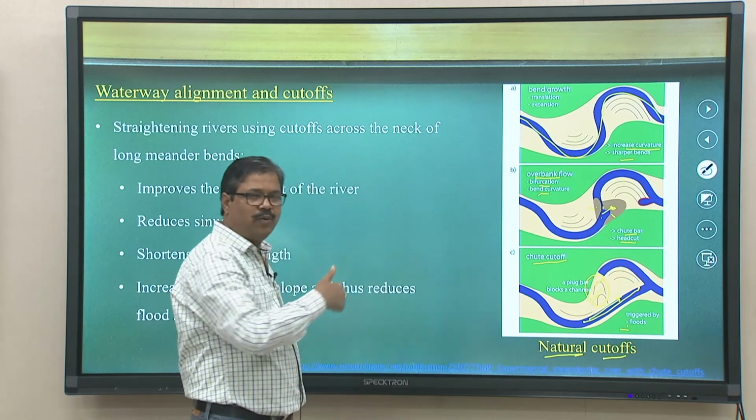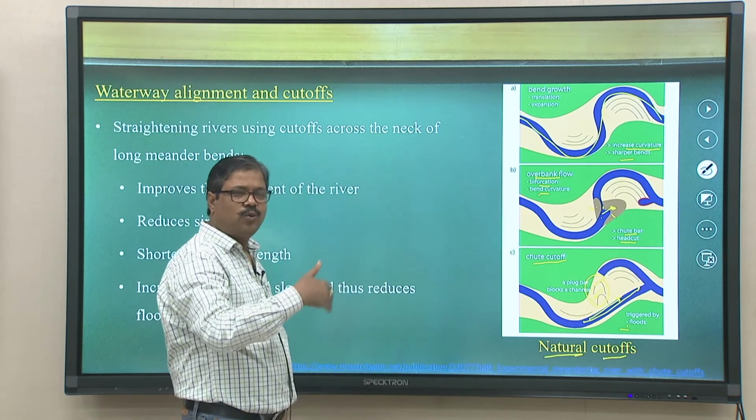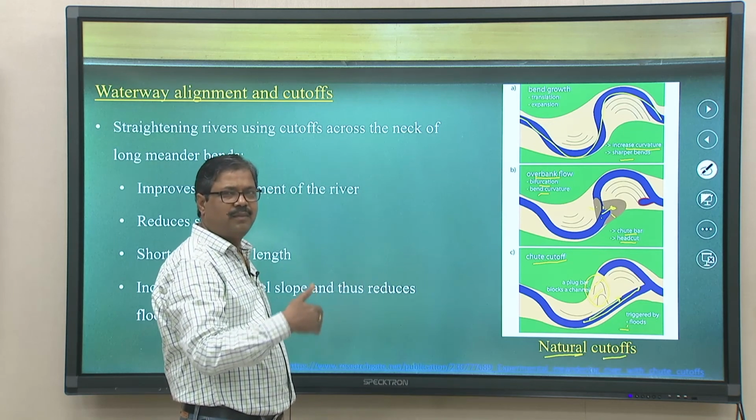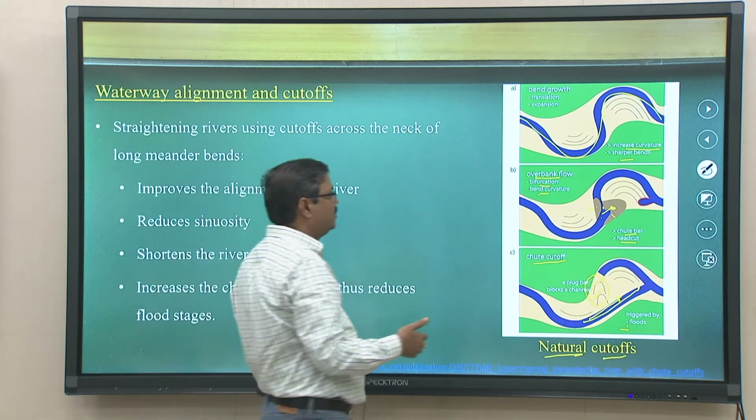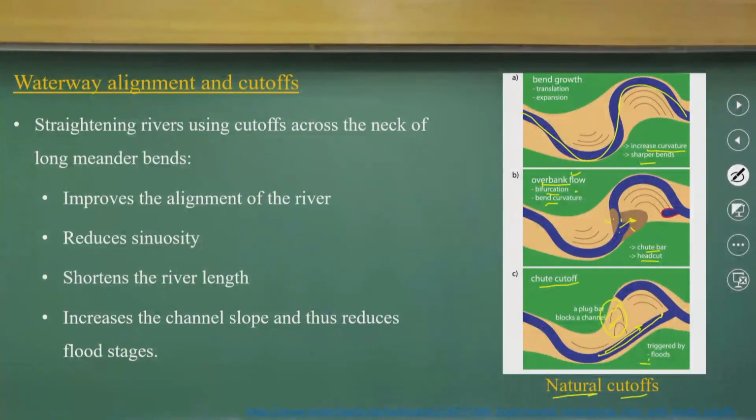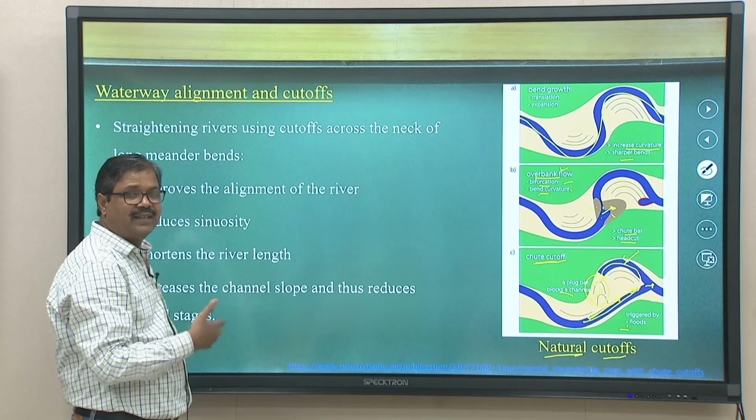That means when you have a river bend, the bend grows. After a certain point the bend cannot grow, and at that time overflow bifurcation happens, followed by chute cutoffs triggered by the flood, which carries the water. Then this part remains as a cutoff. Because of this knowledge, sometimes we have to trigger this cutoff process by man-made means.